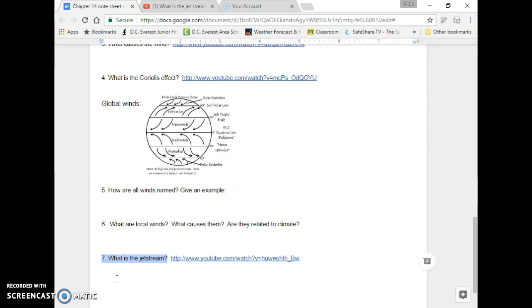Okay, the jet streams blow from west to east in our hemisphere, and essentially they separate that warm southern Gulf air from the northern Canadian cold air. Okay, and they really can fire up a lot of tornadoes and severe thunderstorms in the spring of the year because the temperature differences between the Canadian air and the Gulf air are very extreme.